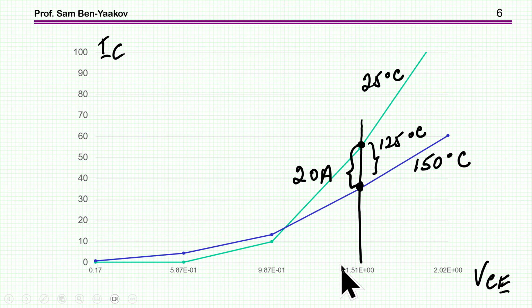So if I look at one particular operating point, say it's 1.5 volt over the VCE, then I can see here that the difference is 20 amp. So between 25 and 150 degrees, there's a 20 amp difference for this 125 degree difference in temperature.